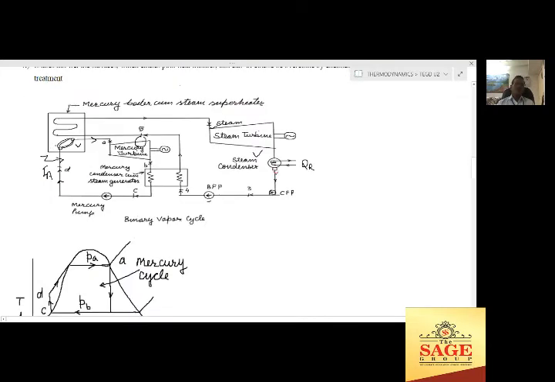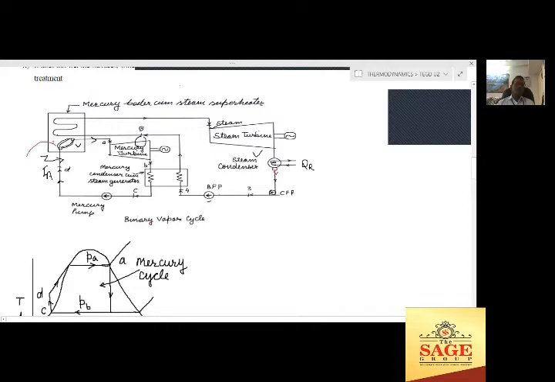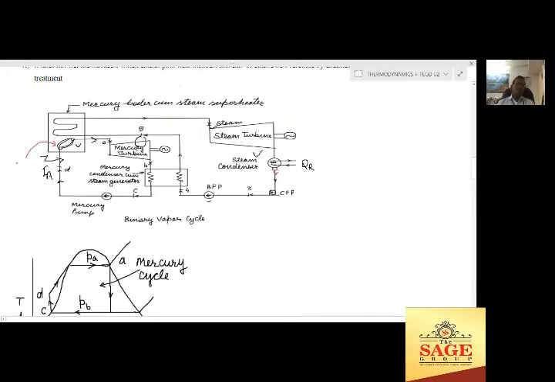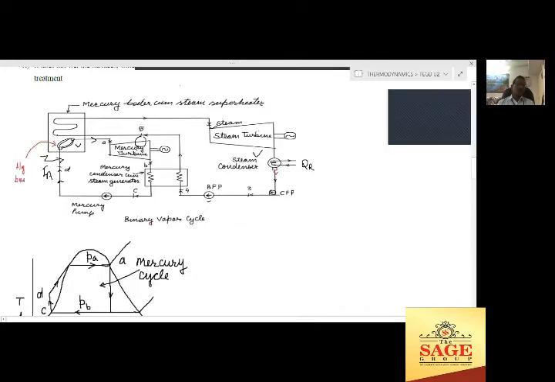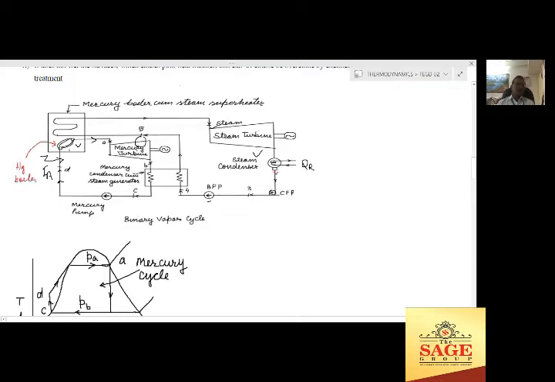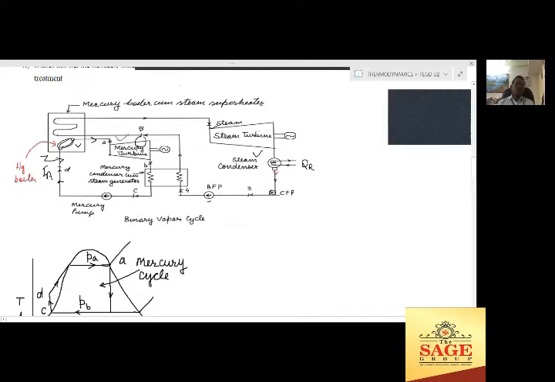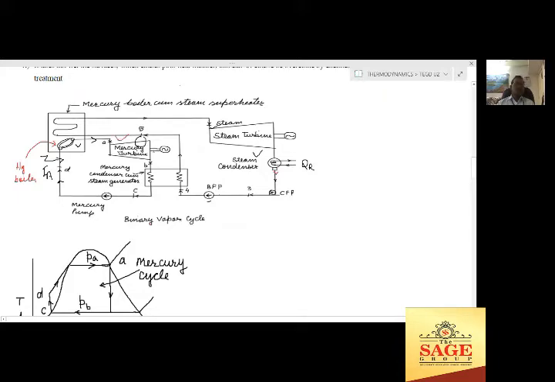Here we are using a mercury boiler in this diagram. This is the mercury boiler, and it generates the mercury vapor. This mercury passes through the mercury turbine, so it will produce the mercury turbine work.